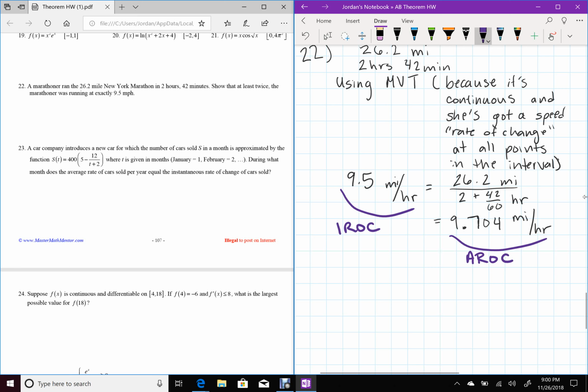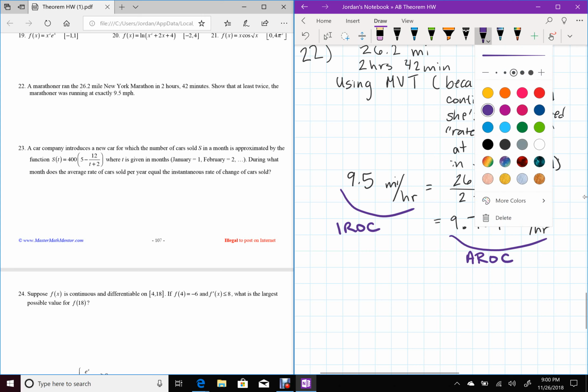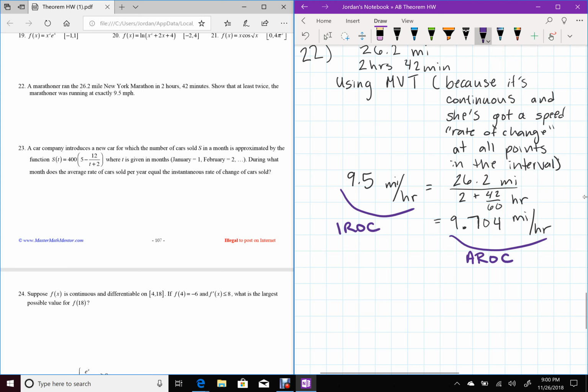And if she started, right, so if she started the race, then she started at 0 miles per hour, because you don't start a race running, you start it standing.